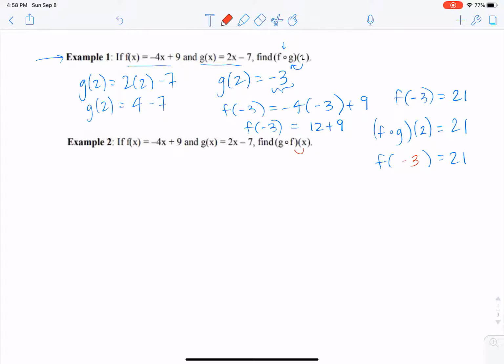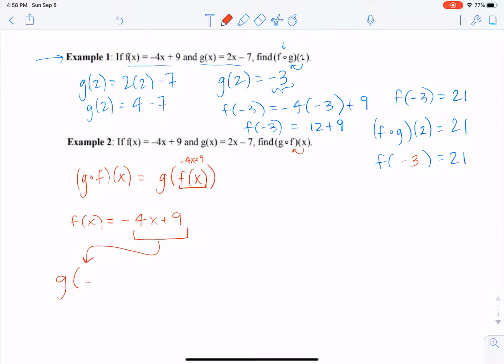So this is saying take x, plug it into f, and that output we want to plug into g. So g composed with f of x, which I know is the same thing as g of f of x. This is really saying take f of x, which is negative 4x plus 9, and plug it into g. So we'll start by plugging x into f, so negative 4x plus 9, and we'll plug this into g.